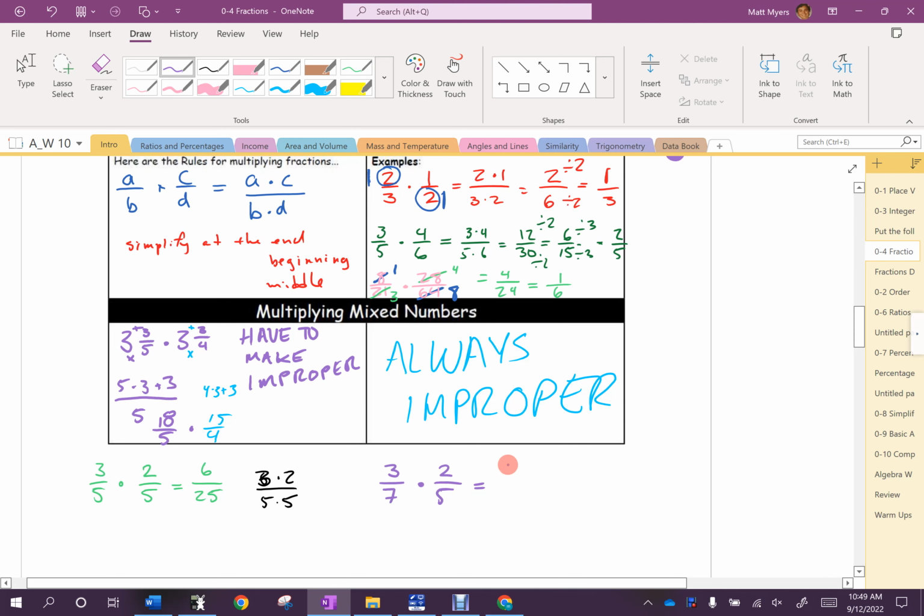I should again be hearing 28 people giving me the right answer. What is it? 6 35ths, yes?